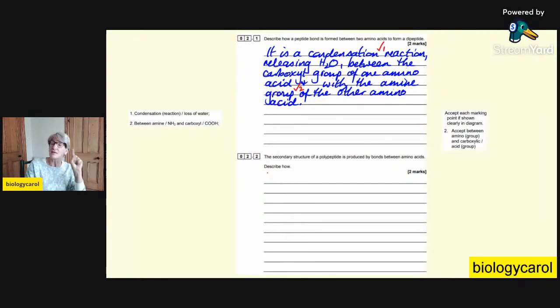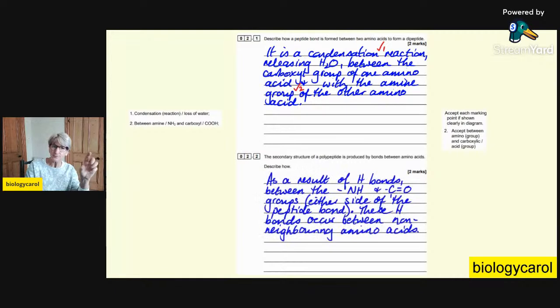So I know that the secondary structure is as a result of hydrogen bonds, and that is between, oh sorry, no, that's not true, between the NH group and the CO groups on either side of the peptide bond.